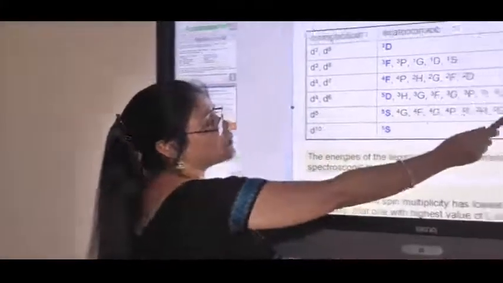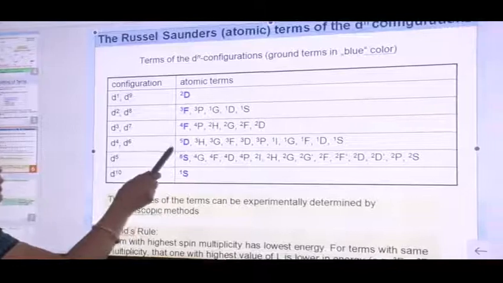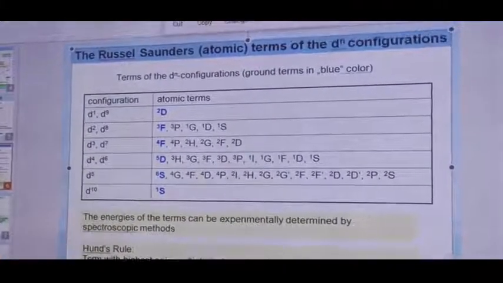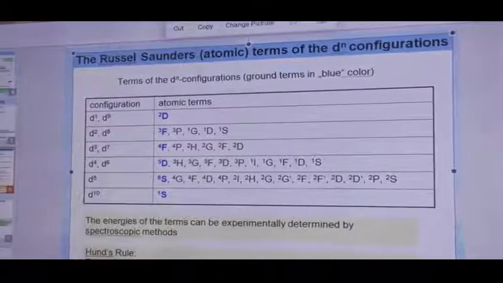Similarly, here out of all these terms, the spin multiplicity of the sextet is maximum, it is 6. Now, what is the relationship between spin multiplicity and stability? We see that spin multiplicity is maximum only when all the electrons are unpaired. That means, when all the electrons are unpaired, no one cancels the other one.